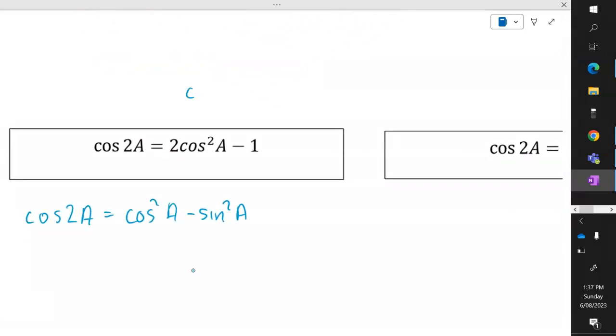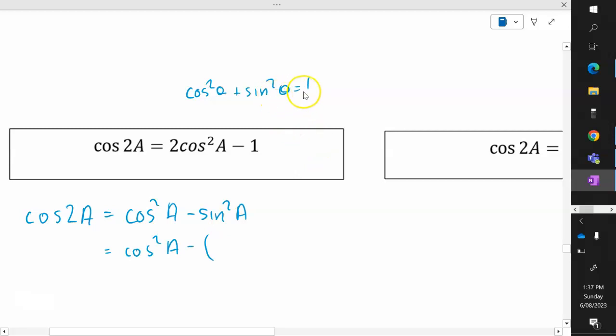Now we know that cos squared theta plus sine squared theta is equal to 1. So if we just do an arrangement of that formula, sine squared theta is going to be 1 minus cos squared theta. So sine squared A is going to be 1 minus cos squared A. Oops, A, not theta. We don't want to put theta in there. Now it's minus the whole thing.